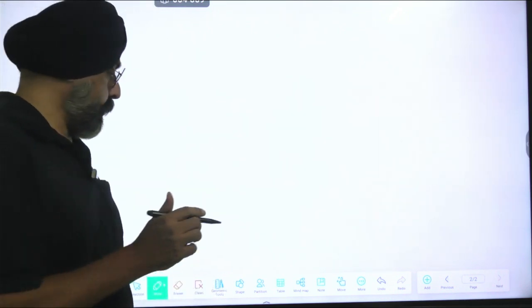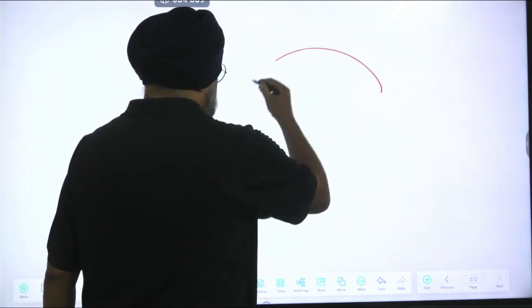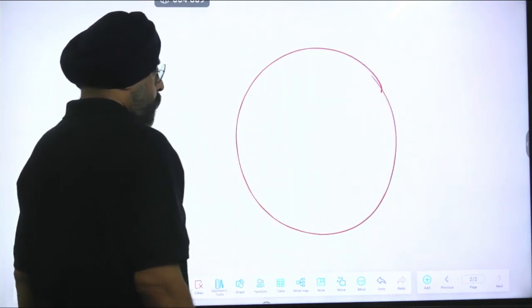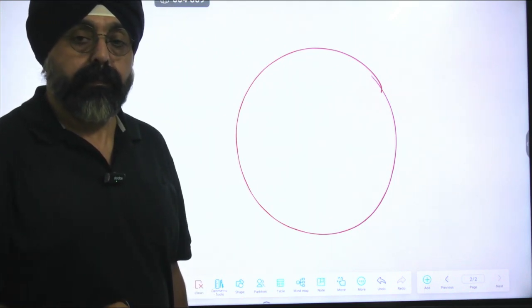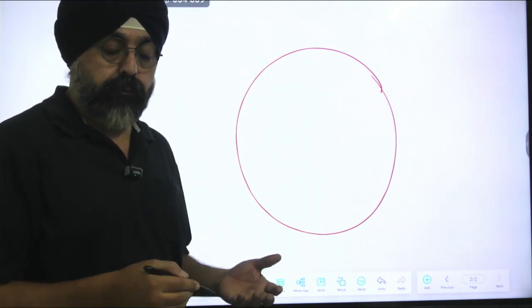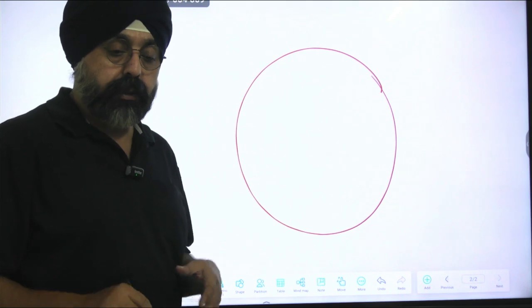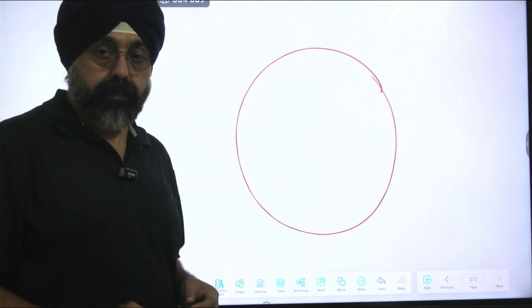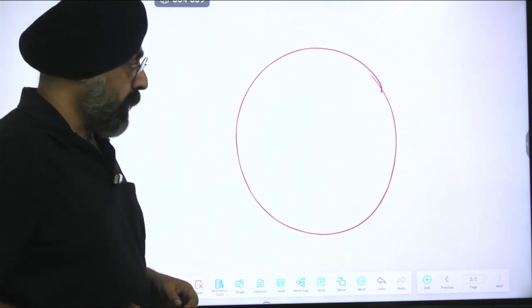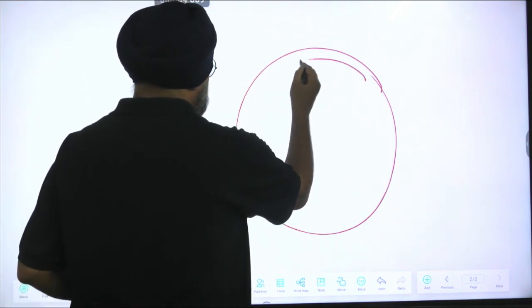Now, this is planet Earth, part of the solar system, and it's the fifth largest one. It's a terrestrial planet. It has the maximum density. And it's having different layers.